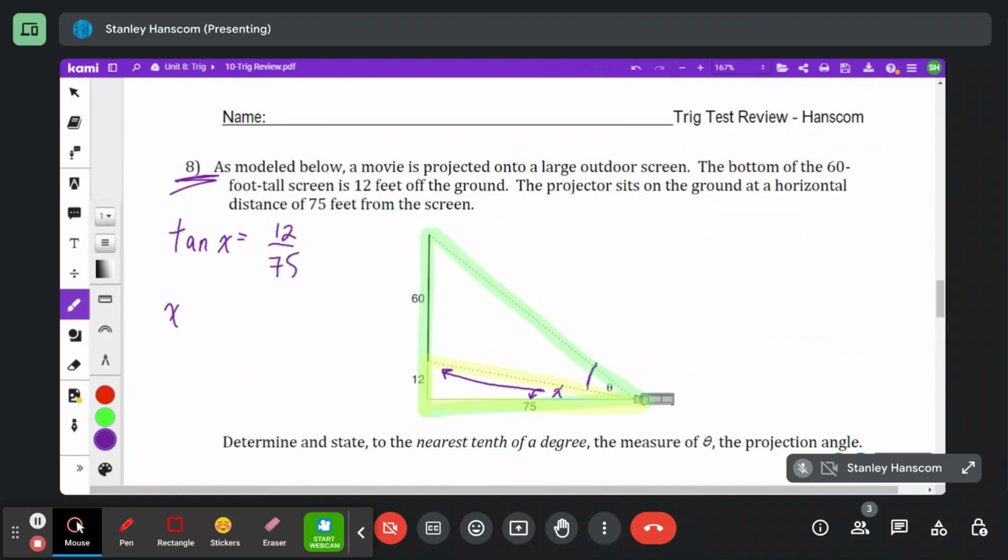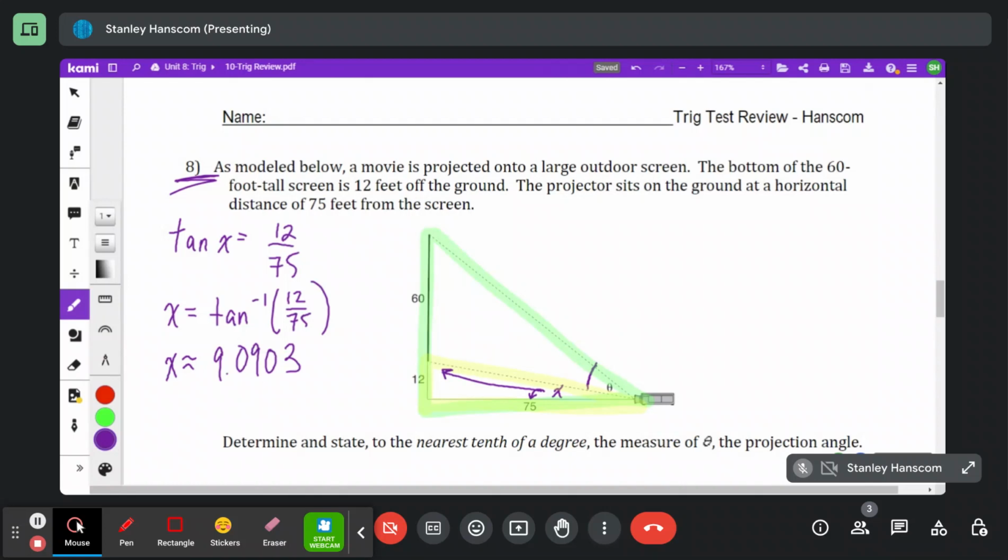So I can go ahead and do the inverse tangent of that fraction and know that x is approximately 9.0903, which I will store on my calculator.